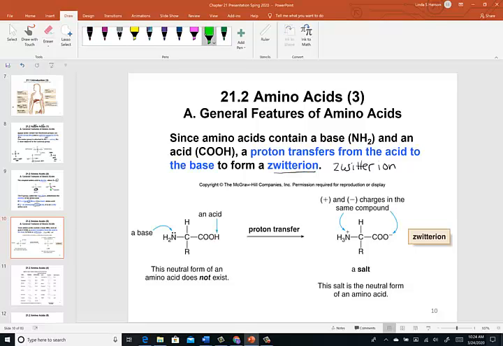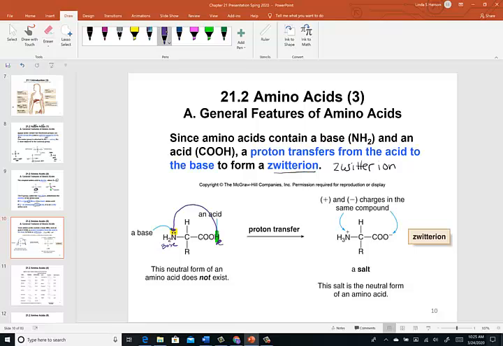Remember a moment ago I said this is the ionizing proton on a carboxylic acid, COOH. And I recognize over here that this is a lone set of electrons on that nitrogen. This is the base function, when we have a lone pair of electrons. And this is the ionizing proton on that acid. So we have a proton transfer where this hydrogen gets bonded over here to the nitrogen.